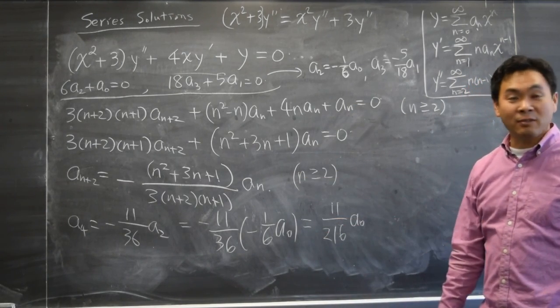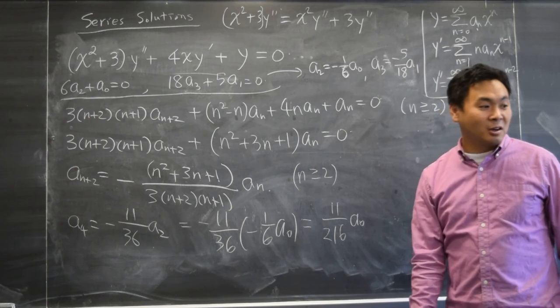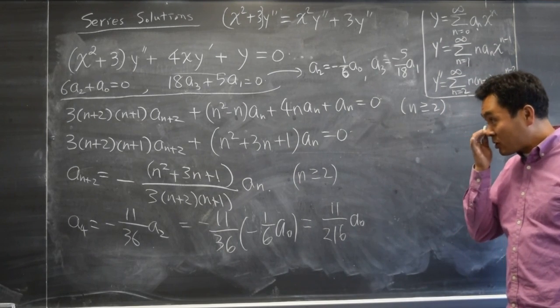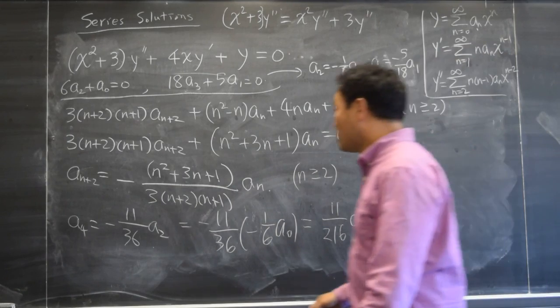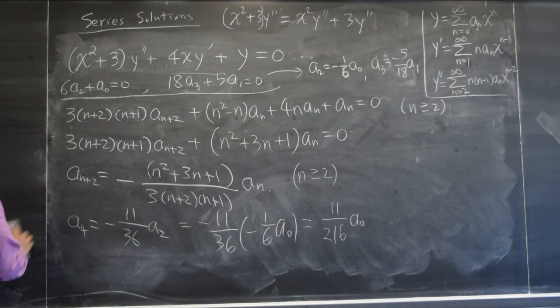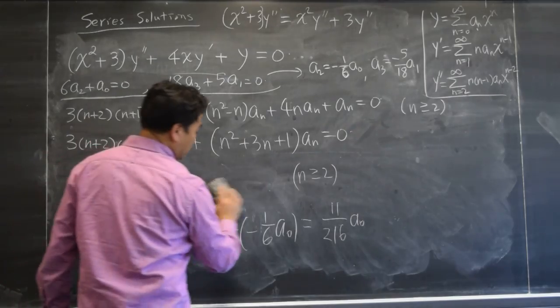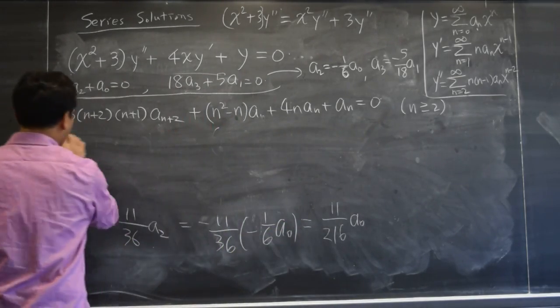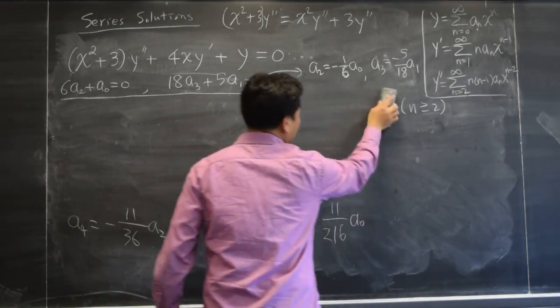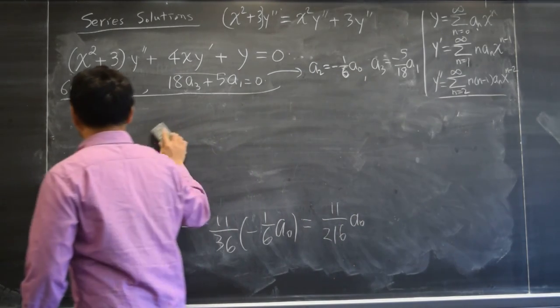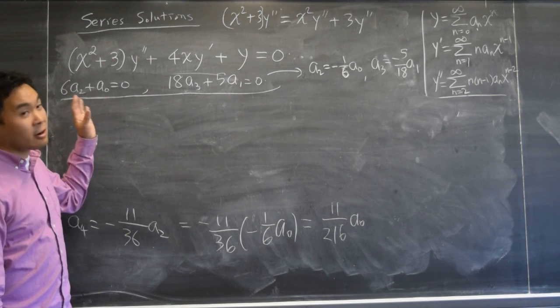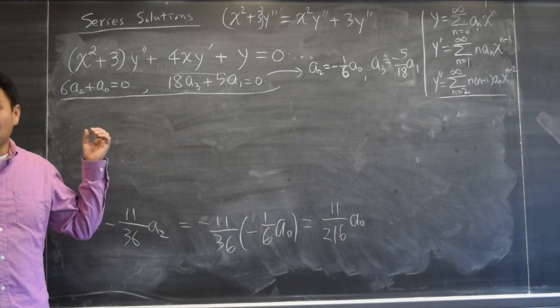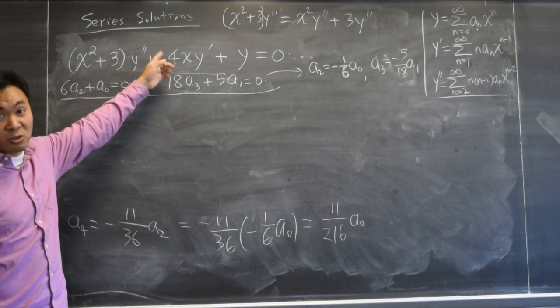Okay, and if you wanted to do A5, you would plug in 3. But let's just stop here and see what we get so far. Okay, so with these solutions, what are we getting? See, A0 and A1 are the two parameters that can be specified when I give you the initial conditions.